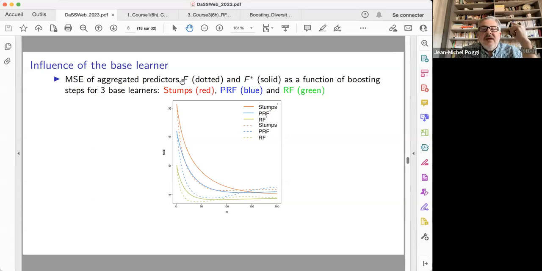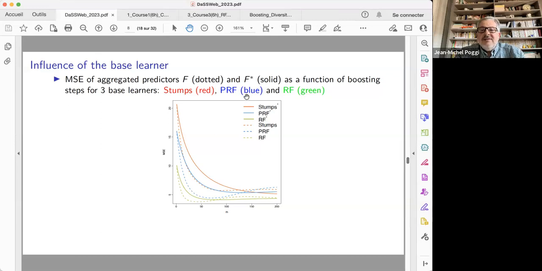I just recall that capital F is simply the usual iteration of boosting, so the additive formulation of your estimator, and F star is the mean value of this instantaneous approximation. And we can inspect this with respect to the three Bayes learners. We have in red the stumps, so you can see that the value is quite high.